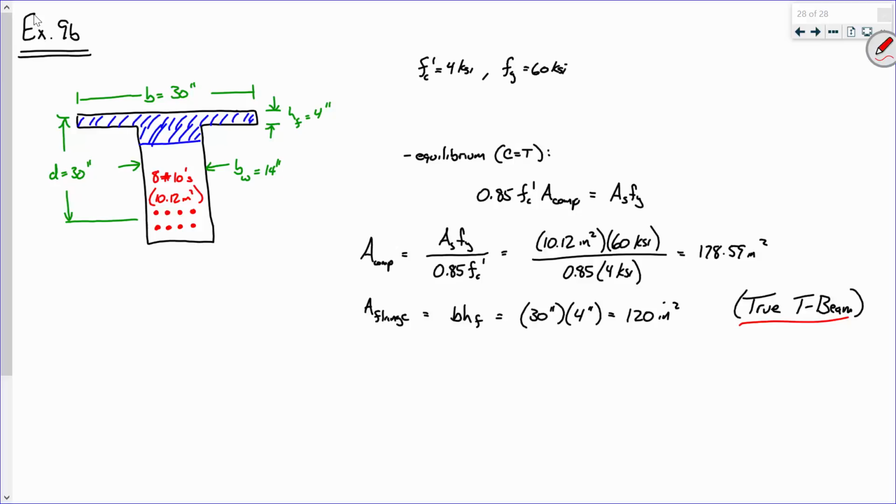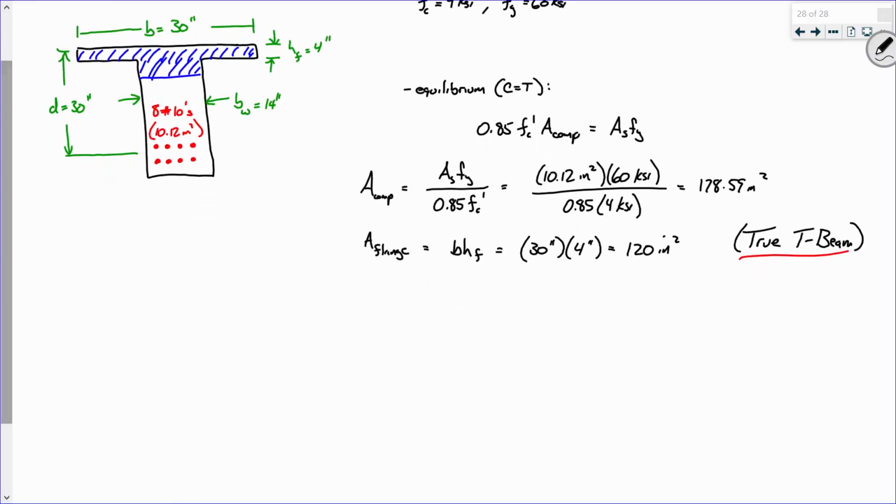Do you agree with that? So help me out. Let's take a look at this. Let's see if we can derive some formulas. All right. So here's a T-beam. And the stress block looks something about like that. Is that a fair statement? Now, let's put some dimensions on here.